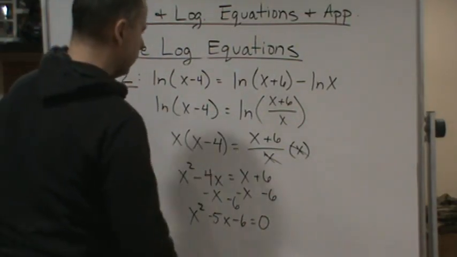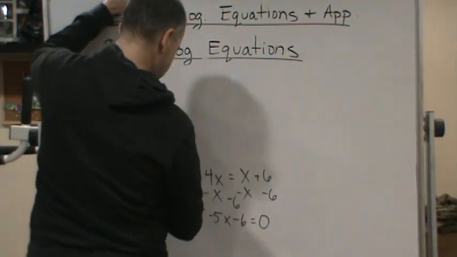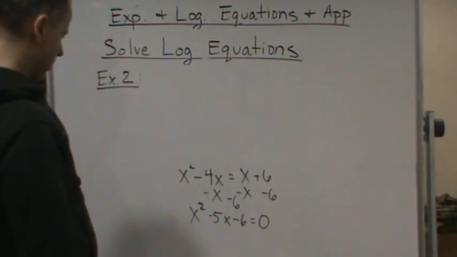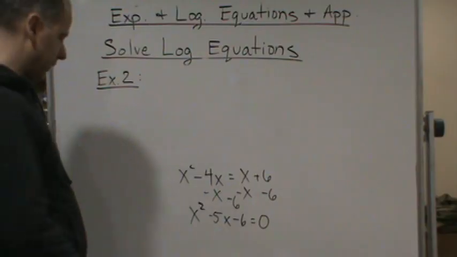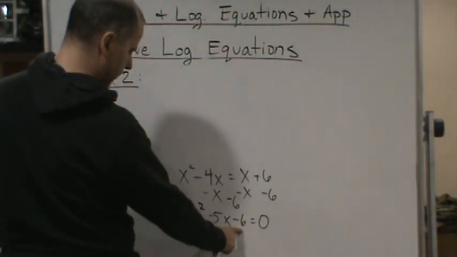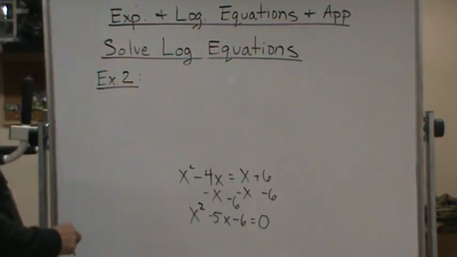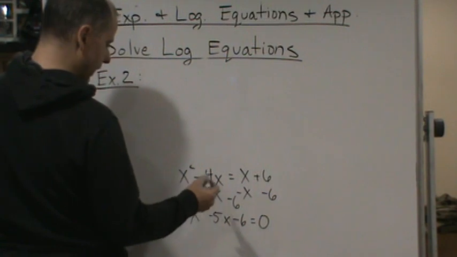And so now I can use everything from our toolbox from previous videos. So now I have what? 2 factors of negative 6 that will give me negative 5. And of course that's going to be 1 times negative 6. 1 and negative 6 will do it.